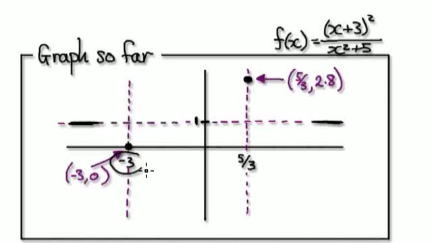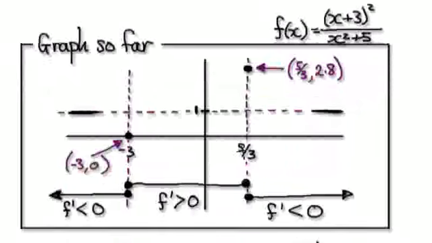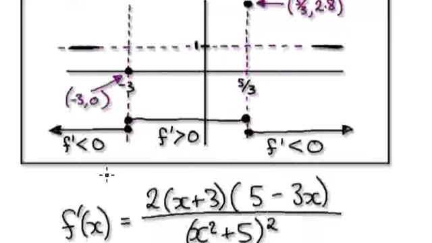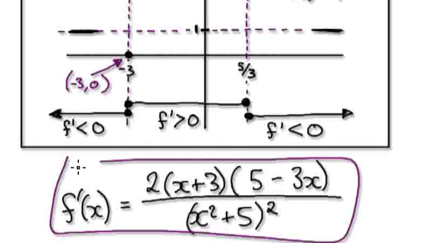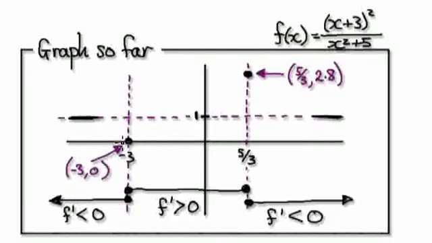So we know the critical points: here is -3, and here 5/3. Now let's look at the intervals. Looking at f prime, when you are in this region here, f prime will be less than 0.